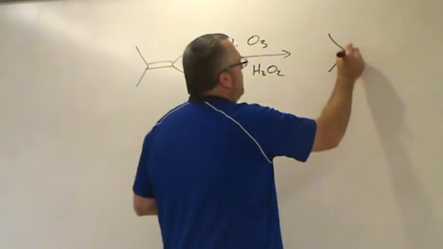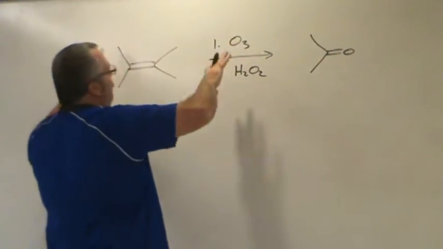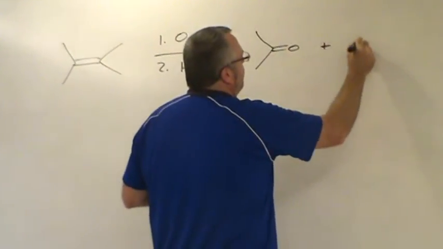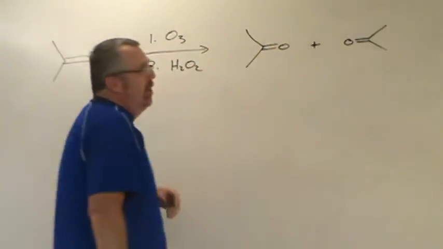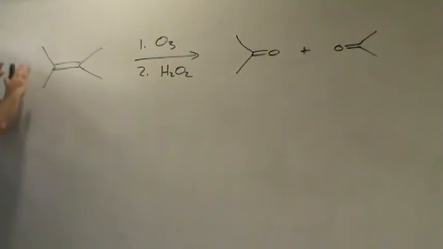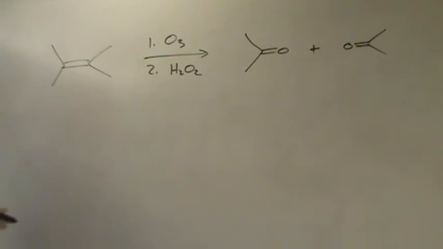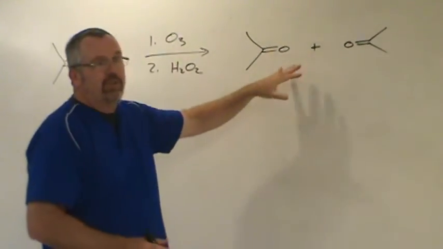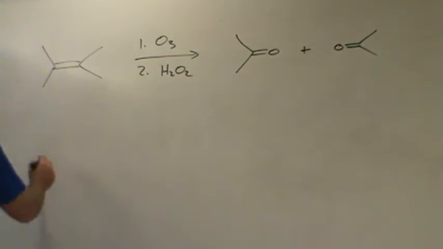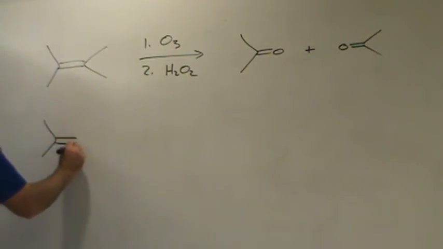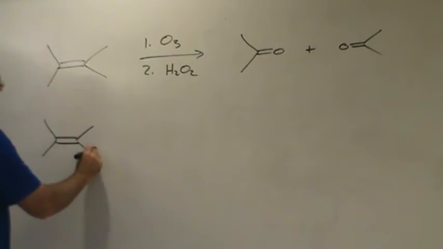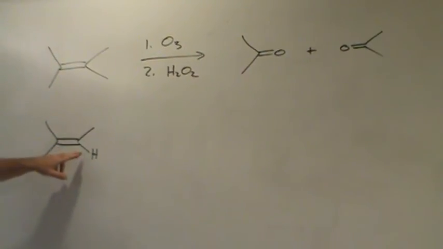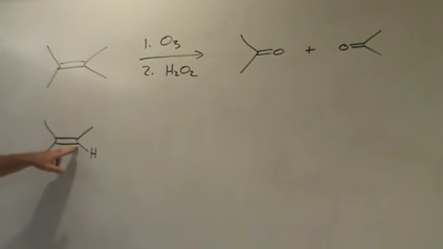So when you do that, when you karate chop this thing in half, break it into 2 pieces, you've got this sort of a species here. Now in this particular case, because I had such a highly substituted alkene, I don't form any carboxylic acid at all. I form 2 ketones. But if I change the alkene just ever so slightly, let me put one of those bonds emanating from the alkene carbon here to hydrogen rather than to a methyl group.